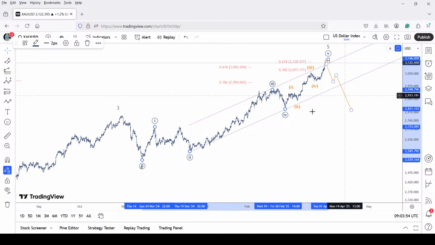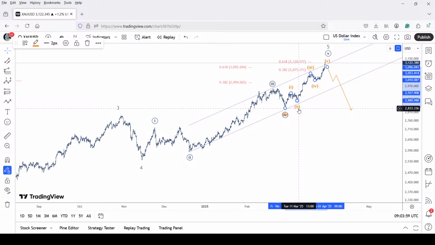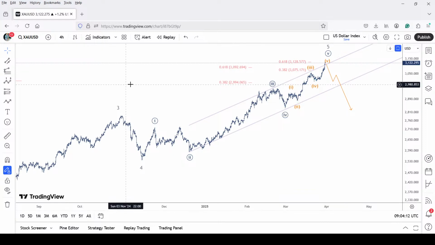And the third is again 1 2 3 4 5 at a minute degree, in orange bracket. In fact, there is another one, the subminute wave 5, which is not labeled here. So 5 waves at 4 different degrees are terminating right now.